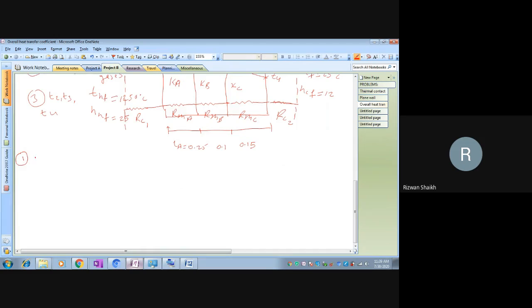If I go with the first layer, instead of putting 1, you will get confused, so we'll put some arrow. We'll take Q. The rate of heat flow Q is equal to THF minus T1 divided by 1 upon HF into the area that we are considering here.